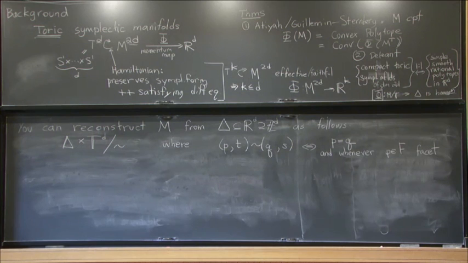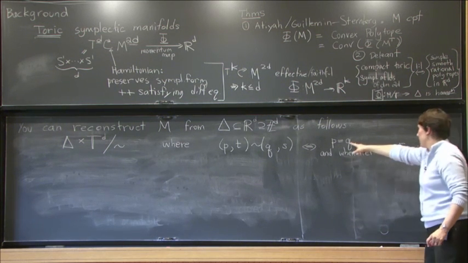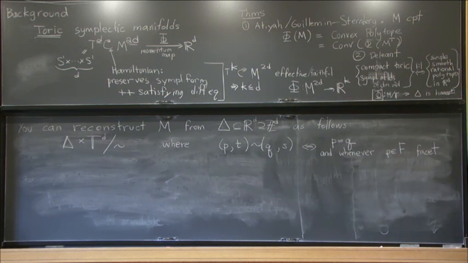Two points are equivalent if I'm only ever going to collapse points that have the same coordinate in the polytope. And if this point is in a facet, each facet is defined by its unit normal vector. The unit normal vector determines a circle in my torus, and I'm going to collapse that circle.